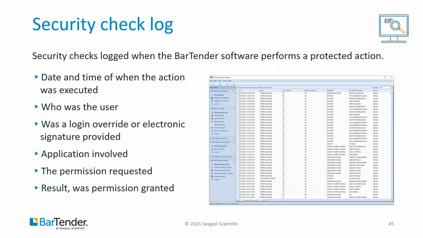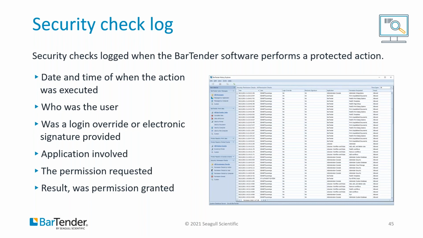And of course, for each of those actions that took place, we record the date and time of when the action executed, who the user was, whether they made use of a login override or an electronic signature to help authenticate who it actually was at the moment of performing the action, which application was involved, the particular permission or action requested, and the result of whether it was allowed or disallowed.